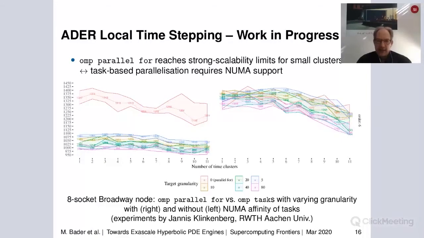But this is particularly a problem if you have NUMA-style architecture. So you need NUMA support for OpenMP. And that has just recently been done by a group at Aachen University. And here you see some results with and without NUMA support for various task granularity.